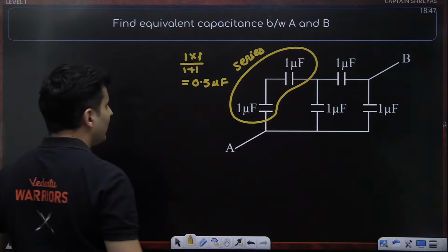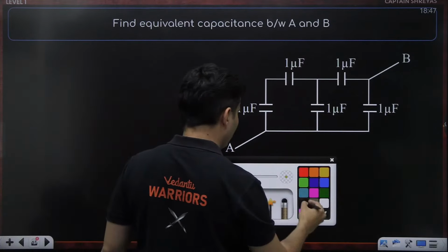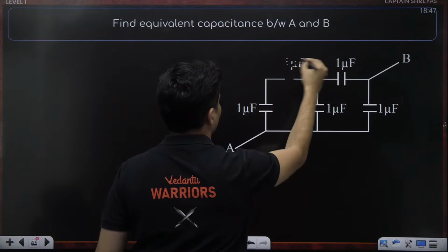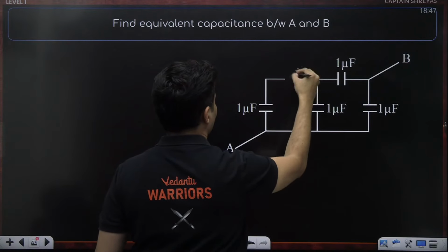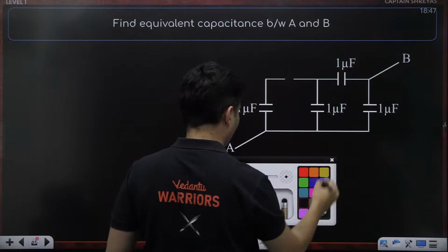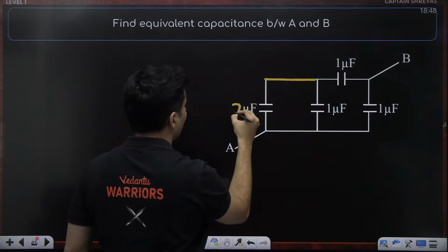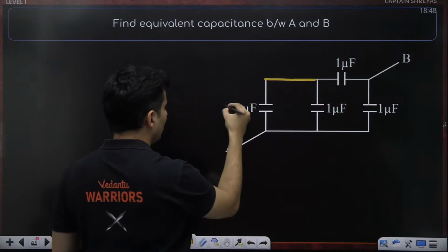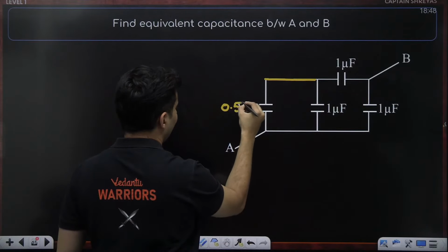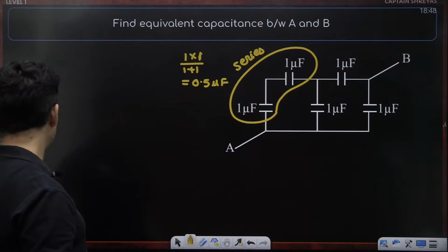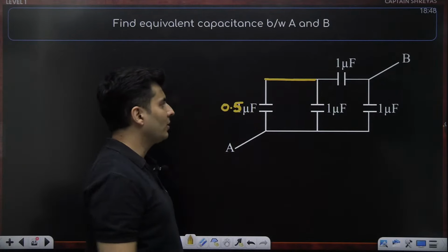Now, if you redraw it, forget this, and this will now become 0.5 microfarad, right? I've replaced these two with one single capacitor of 0.5 microfarad.